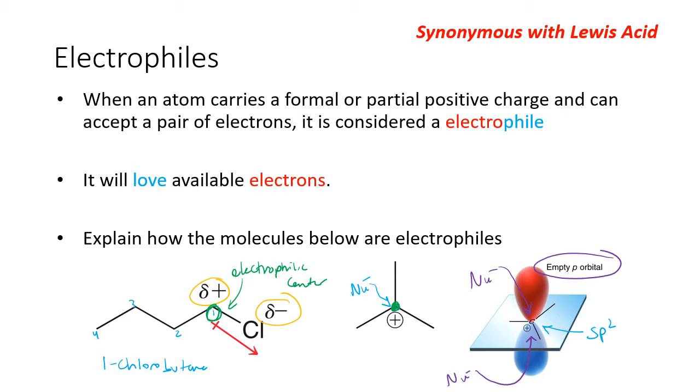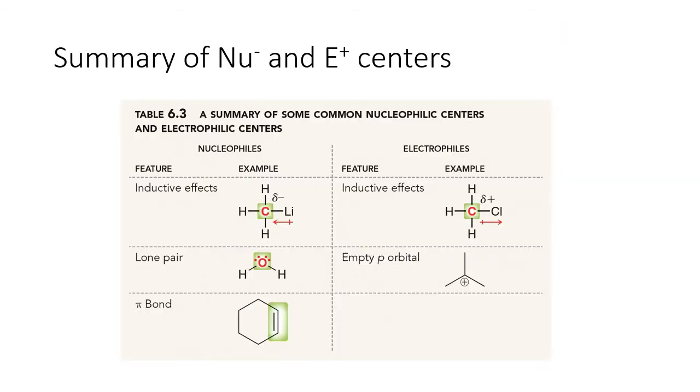So this is just a little summary chart of some common nucleophilic and electrophilic centers. If we look at the nucleophiles, you could have a carbon that has inductive effects where electrons are either being pushed towards or pulled away from a certain center. So that carbon in our example had a partial negative charge because it would have the electrons closer to it since it's more electronegative than lithium, for example.